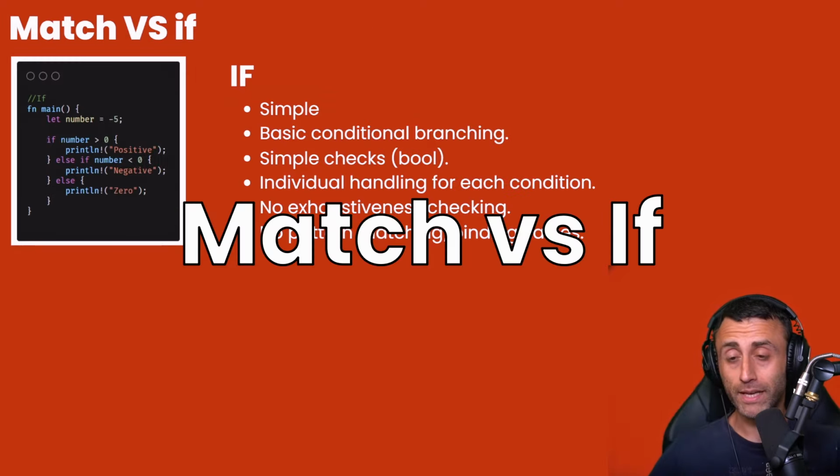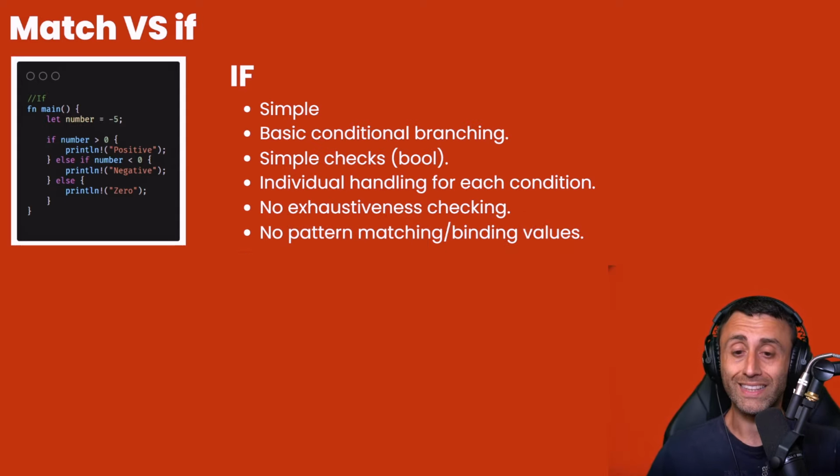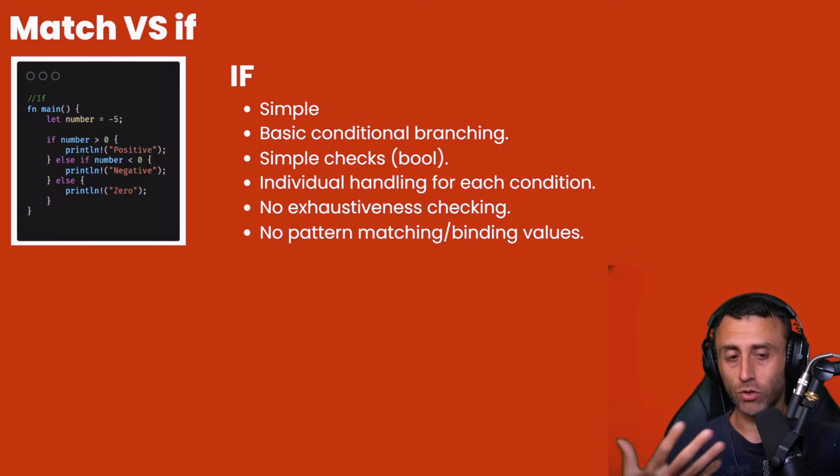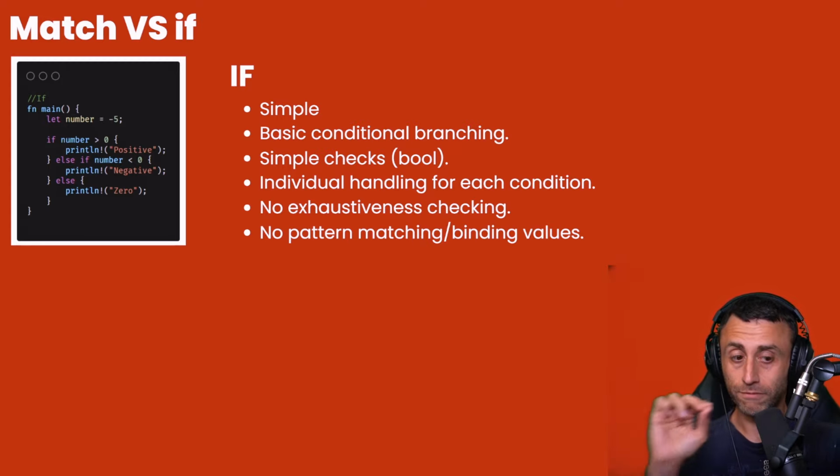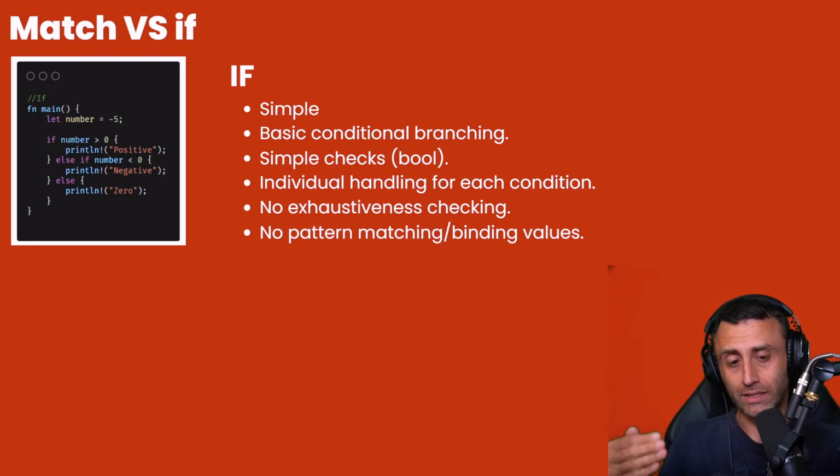Let's compare the match statement with the if, the famous if. The if is very simple. It's simple for basic conditional branching to decide this or that. And it can do simple checks. It's a boolean, the condition, it has to be a boolean, true or false. It can handle individual flows for each single condition.